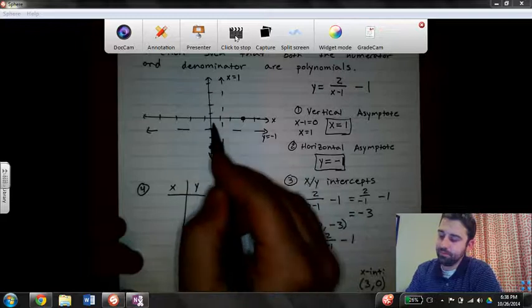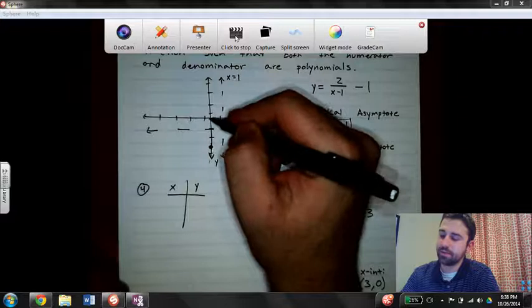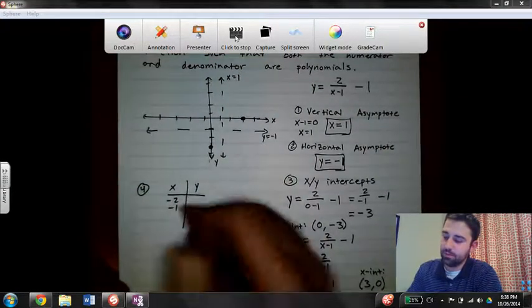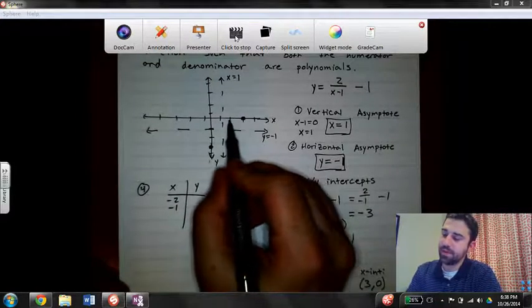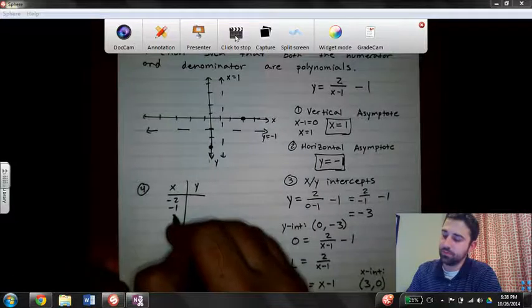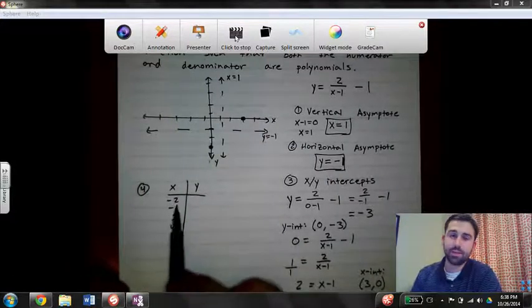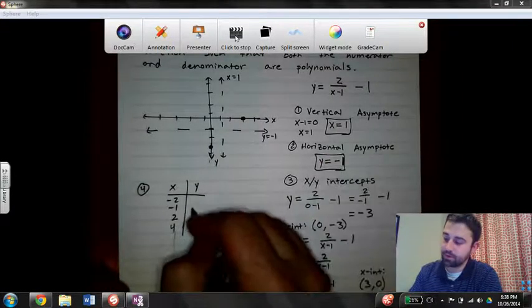So this value when x is 0, y is negative 3, I want to find the value at negative 2 and negative 1. And then using this intercept, I want to find the value at 2 and 4. And I would do this by substituting these values into my equation for x and solving.